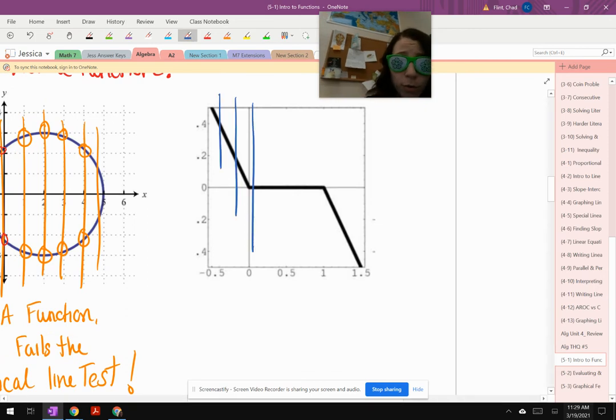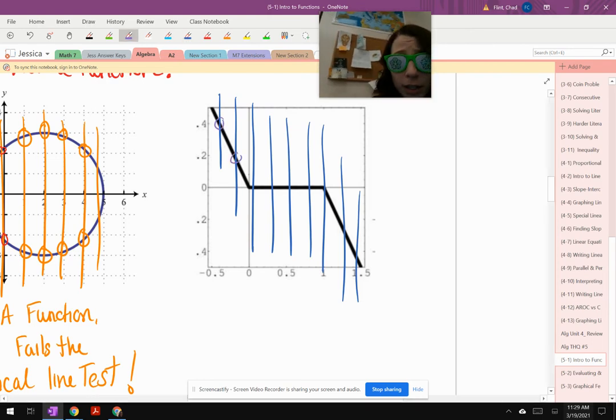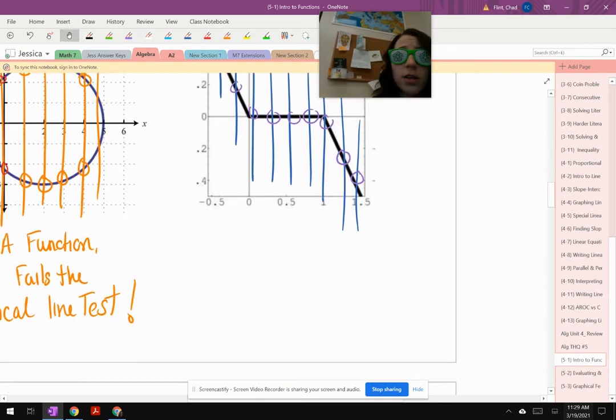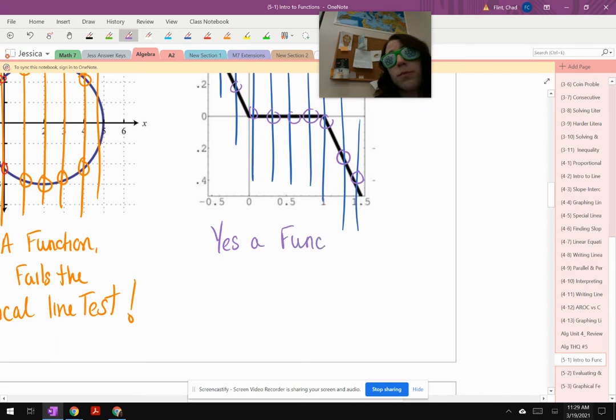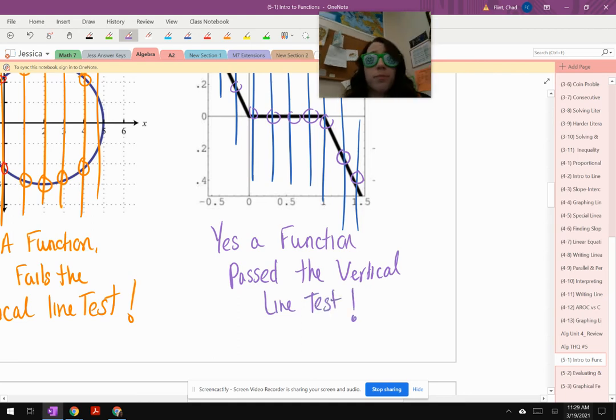And going back through, none of those are hitting that graph more than once. So yes, a function, it passed the vertical line test. And we're very happy about that.